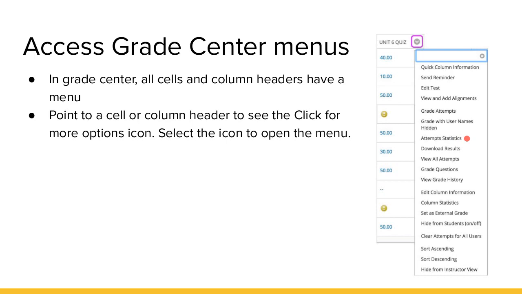For an assignment, attempt statistics will give you things like what the average time spent was, what the average grade is, things like that. There's also the option to download the results. Pretty much there is the option to download hard copies of a lot of these areas.